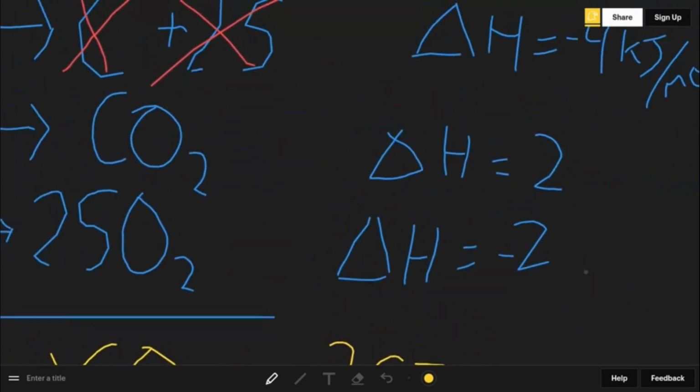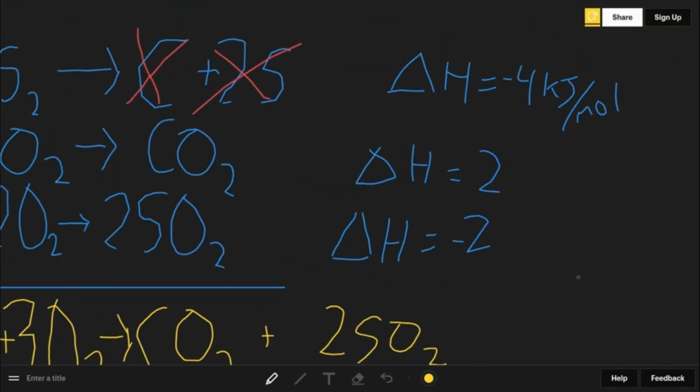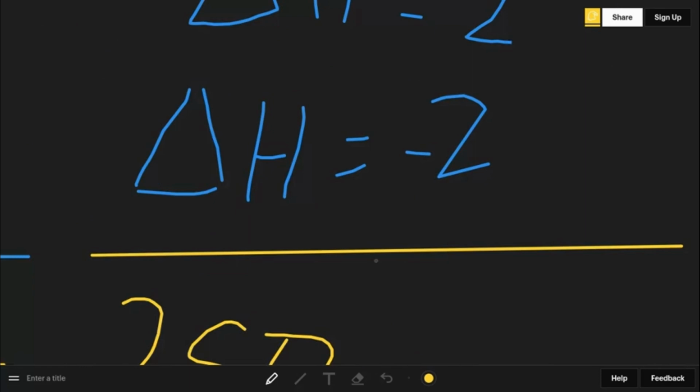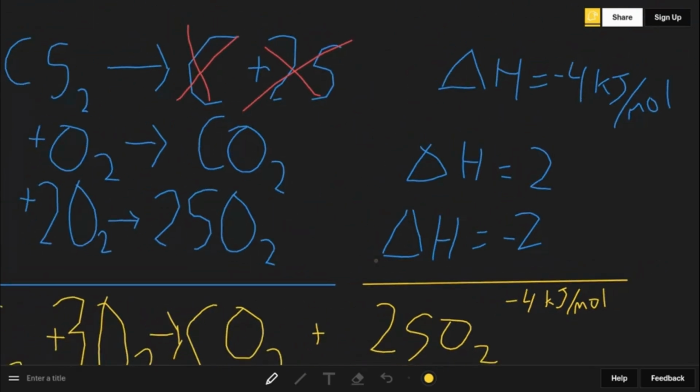So now we add these up, and we're going to be left with -4 plus 2 minus 2. So that's just -4 kilojoules a mole.